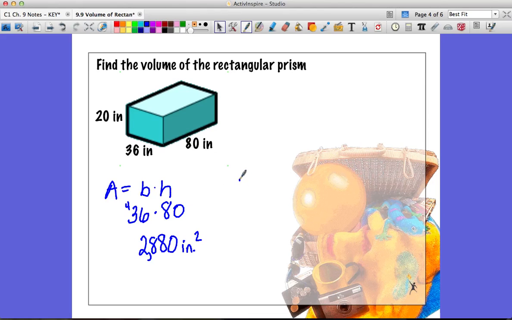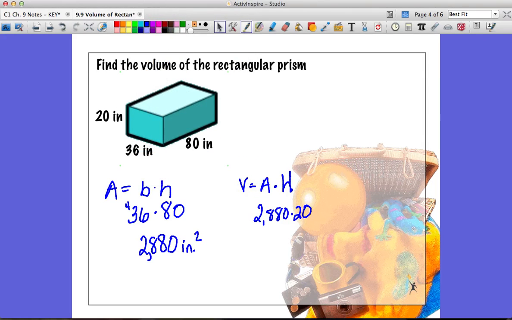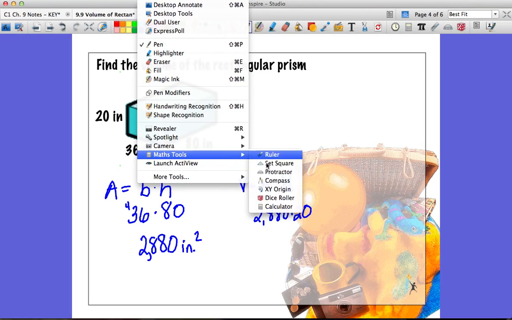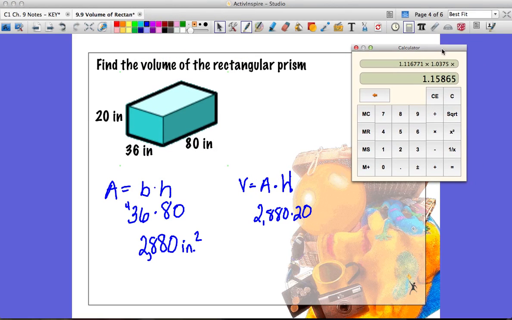But now we have to take that area and multiply it by our height. So I use a capital H to note that it's the height of your prism. So our area was 2,880 times our height of 20. Okay, and just to check our work and make sure that we are on the right track, we'll go ahead and use the calculator.